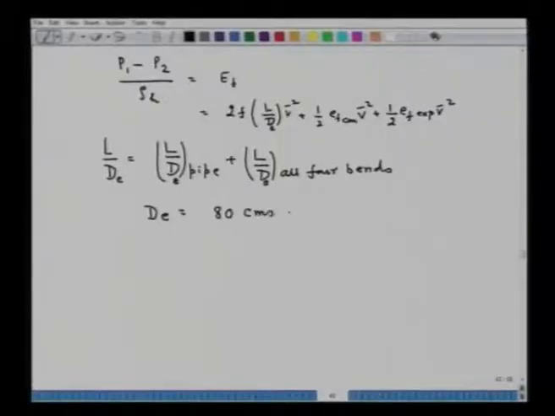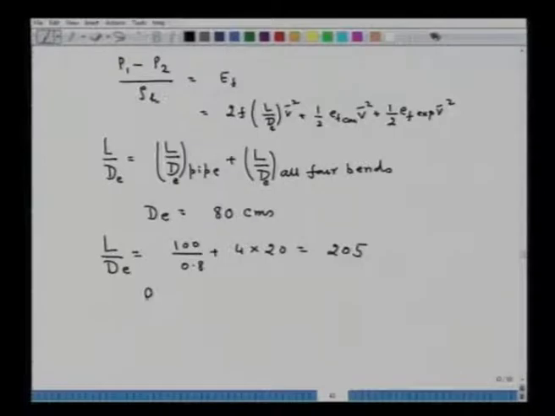You know how to calculate? I believe you know how to calculate. So now we can calculate L upon DE, that is to be substituted, that will be equal to 100 meter upon 0.8 meter plus 4 into 20. So L by D has become equal to 205.